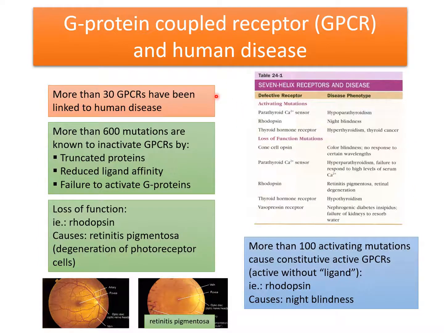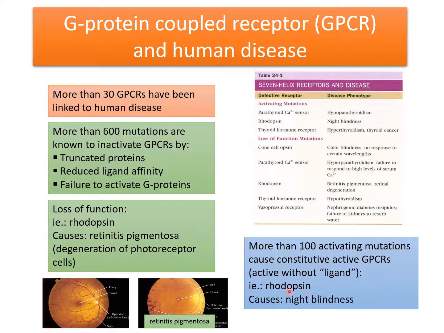So following along what I said about how these are pretty important, there's a lot that are linked to diseases. We've got 600 mutations that are known to inactivate G protein coupled receptors through these variety of different ways. But things he's going to ask about, again, are going to be the things that he has in his boxes that he has made. So he'll ask questions about rhodopsin and night blindness and the fact that it is a G protein coupled receptor.